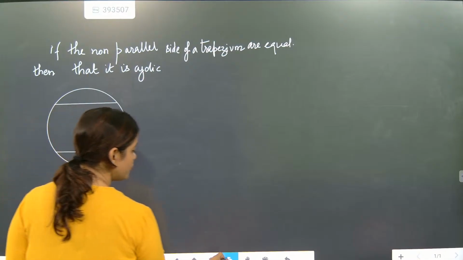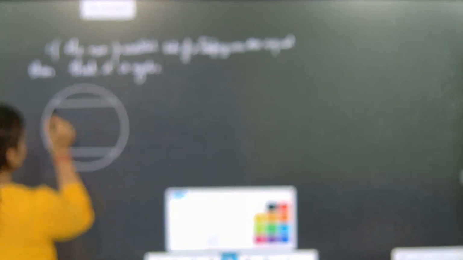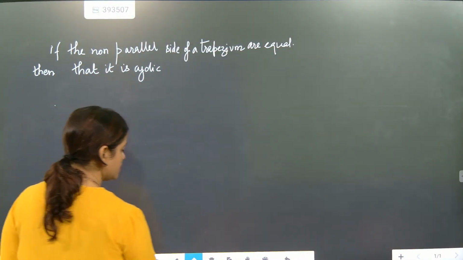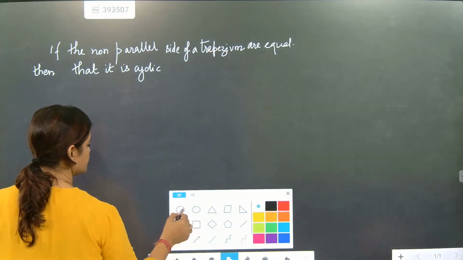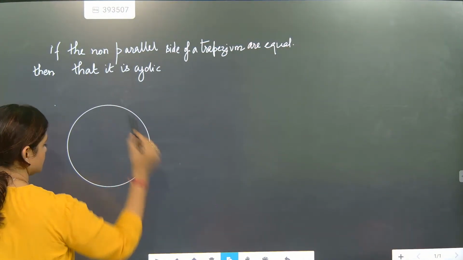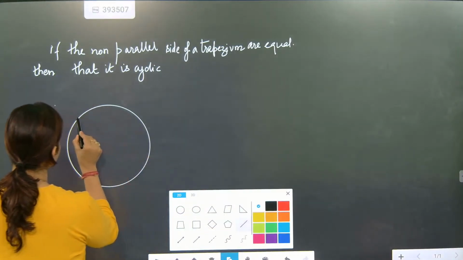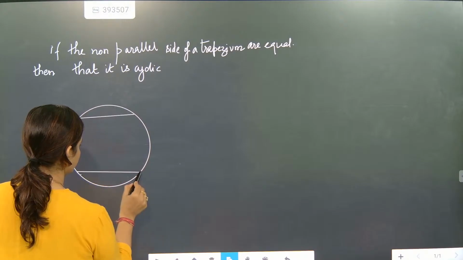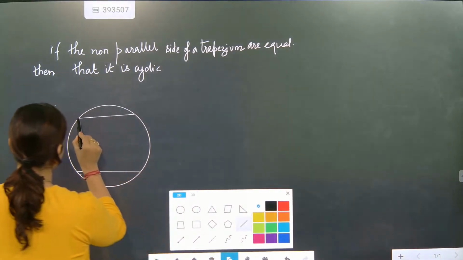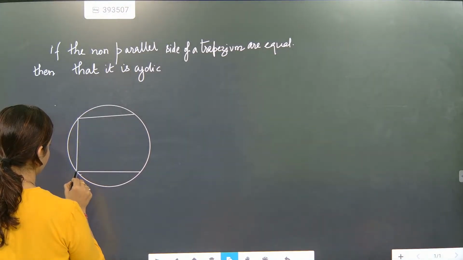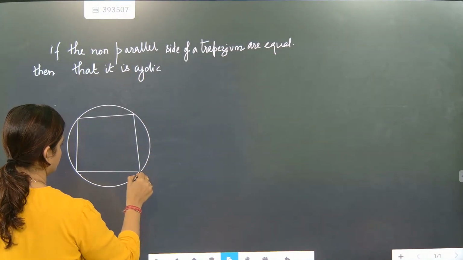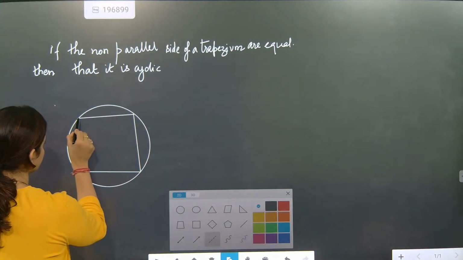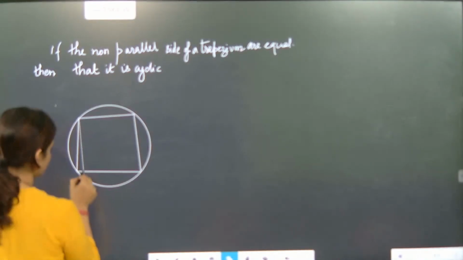Analyze this one. Now this is drawn. But we need to draw these dotted lines, perpendicular dotted lines.